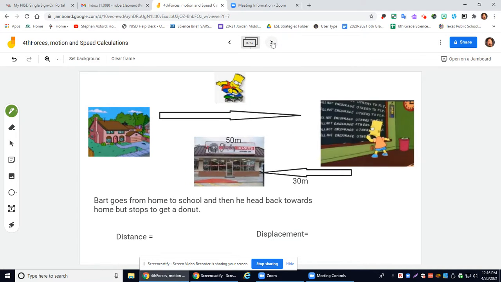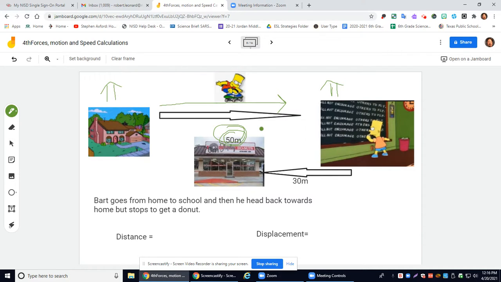All right, next one. Here's Bart Simpson. Everybody draw a house. Bart Simpson leaves his house. Draw the arrow. And he goes to school to do his detention. So he goes to school. That's 50 meters.